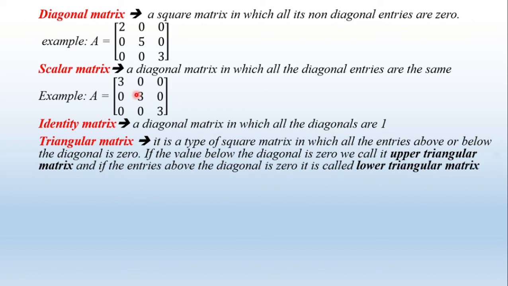If the values below the diagonal are 0, we call it an upper triangular matrix, and if the entries above the diagonal are 0, it is called a lower triangular matrix እንለዋለን ማለት ነው. እንግዲህ triangular matrix የስኩዌር ማትሪክስ ክፍል ነው. የስኩዌር ማትሪክስ ማለት ተመሳሳይ የሆነ ሮው እና ኮለመን ያለው ነው. triangular matrixም እንደዛ ነው. ግን triangular matrix ማለት ከዲያጎናሉ በላይ 0 ሲሆን lower triangular matrix. ከዲያጎናሉ በታች 0 ከሆነ ደግሞ upper triangular matrix እንለዋለን ማለት ነው.